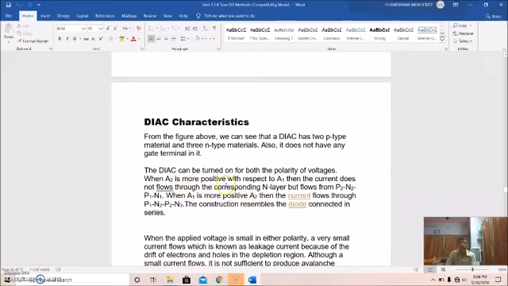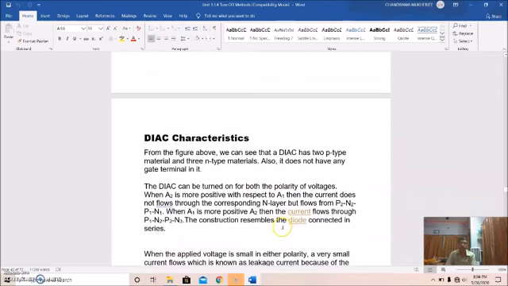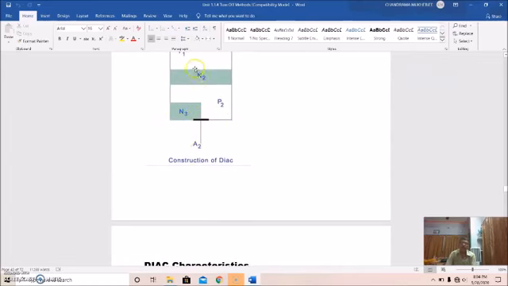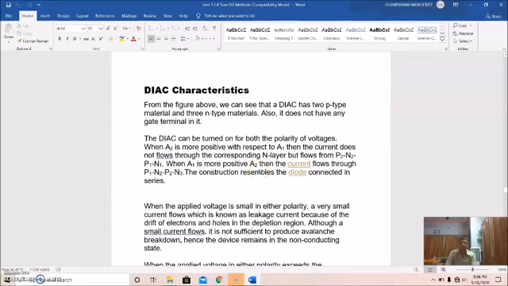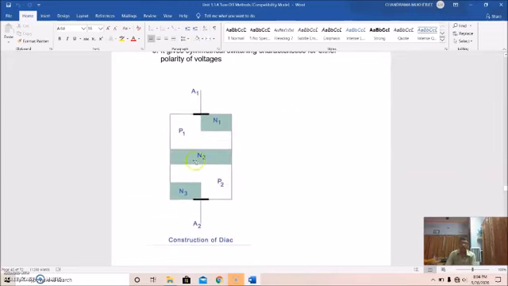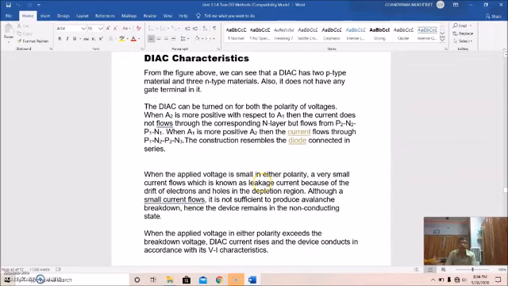When A2 is more positive with respect to A1, current does not flow through the corresponding N layer, but flows through P2, N2, P1, A1. When N1 is more positive, then current flows through P1, N2, P2, N3. This way, the construction resembles diodes connected in series.